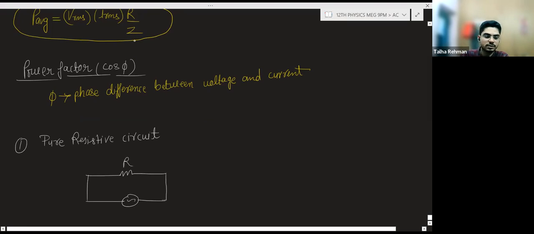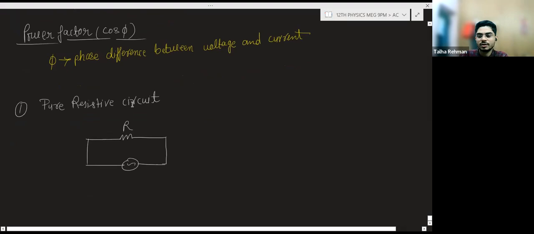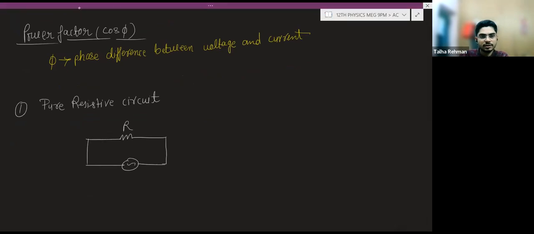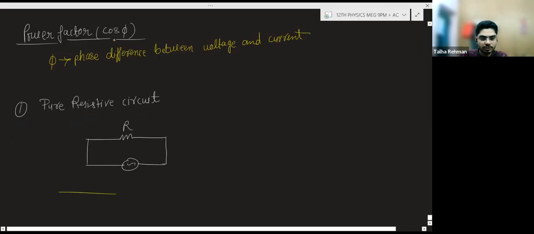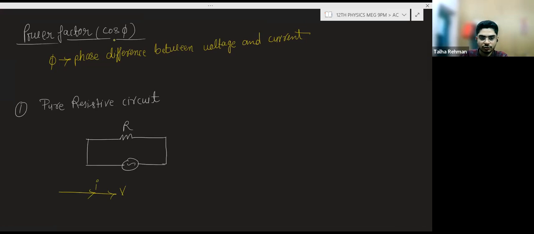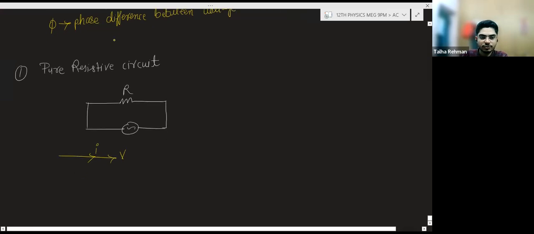This is the resistance. So in this case, both the voltage in the circuit and the current in the circuit are in the same phase. Same phase means phi is equal to 0.